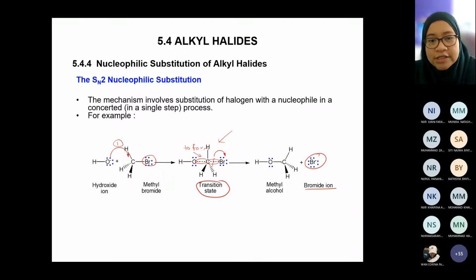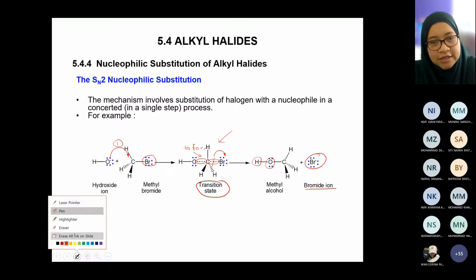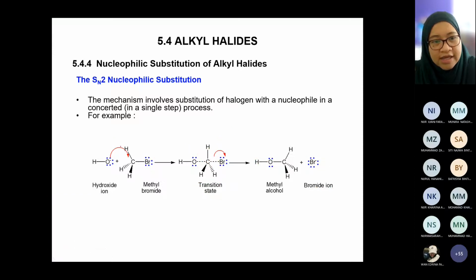Okay, ada OH sahaja dekat sini. So this OH dah substitute the bromine just now. Okay, and as you can see, saya delete sebab nak bagi nampak sikit. Okay, as you can see, initially nampak tak dia macam payung. Initially dia menghadap sini kan. Dia facing this side, facing to the left.